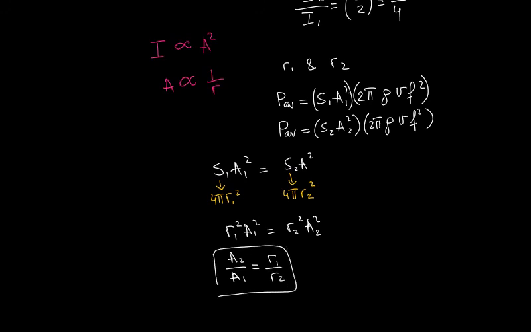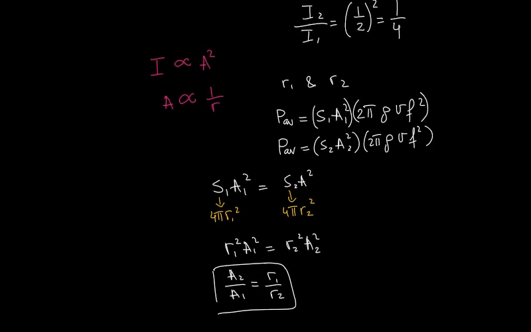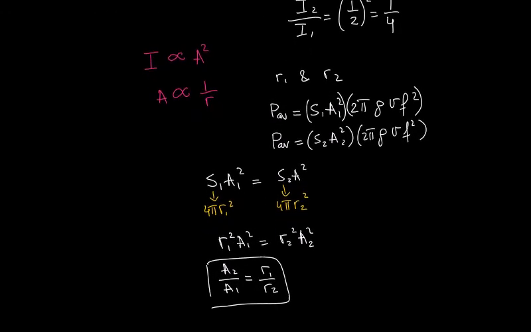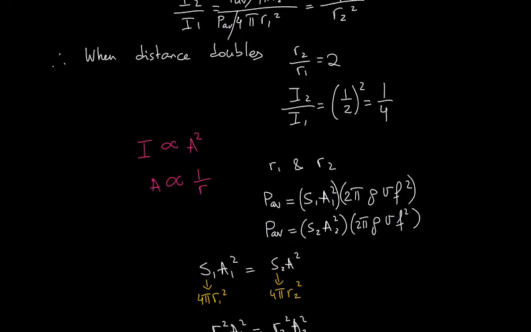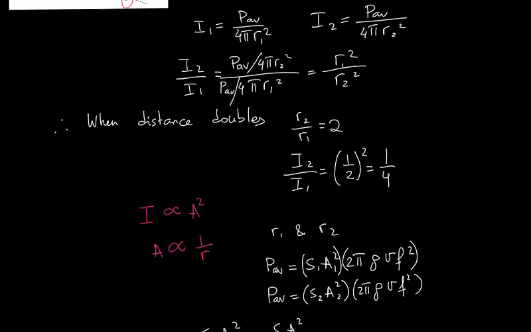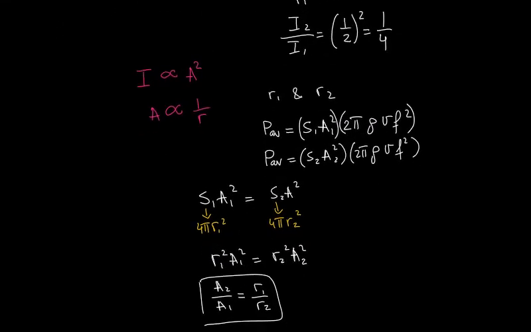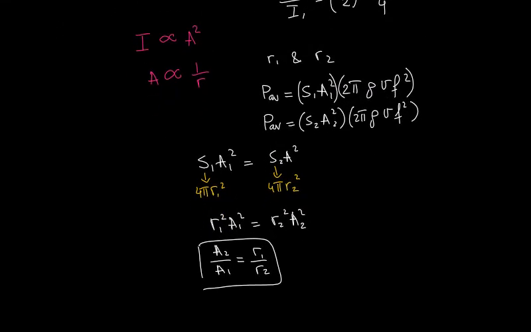So this is a similar expression to what we got for the intensity, which is right here. When the wave is twice as far from the source, the amplitude is half as large, and so on.